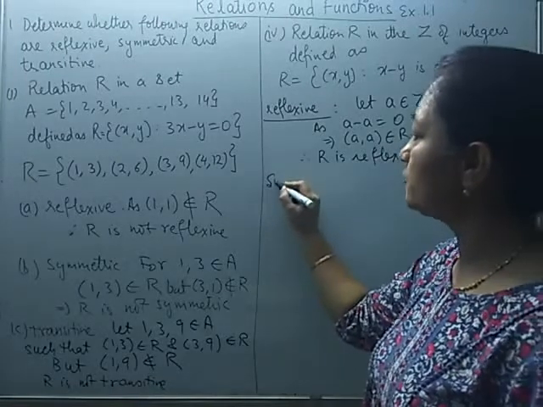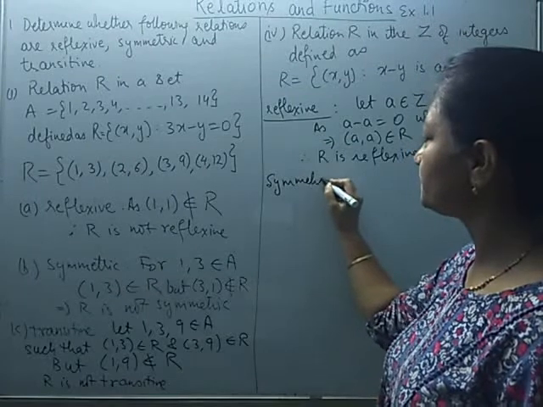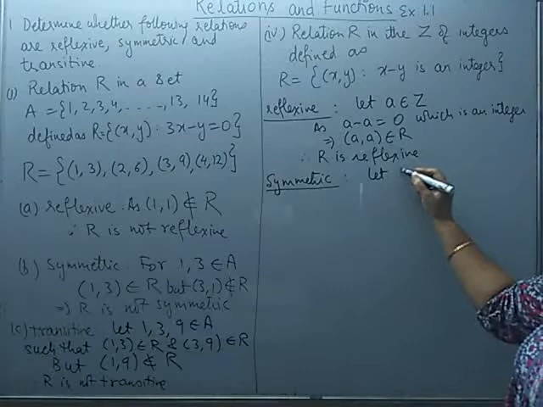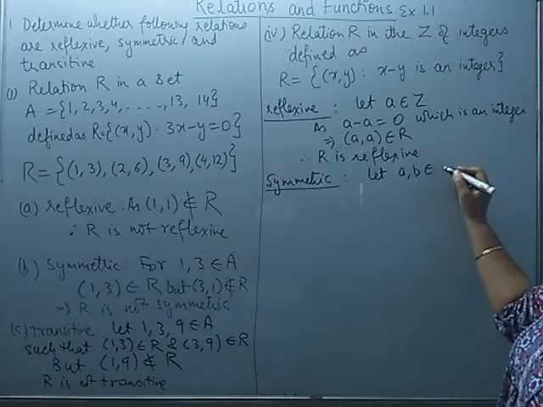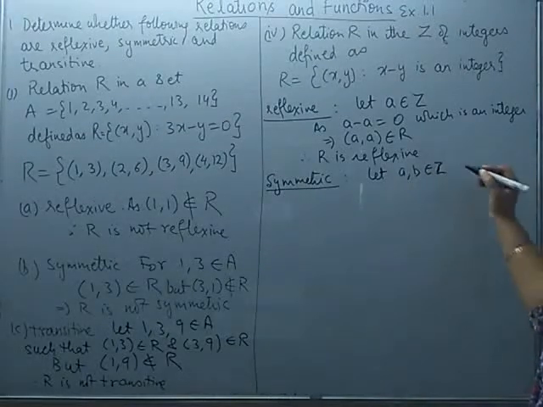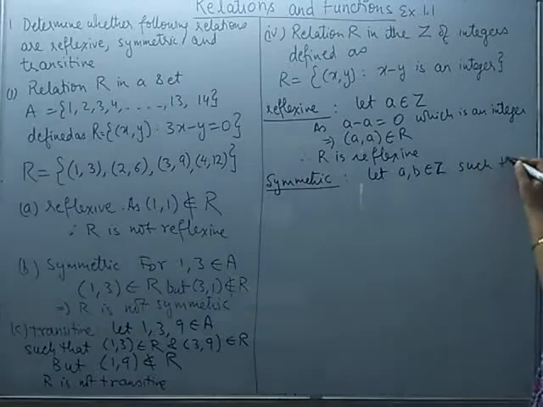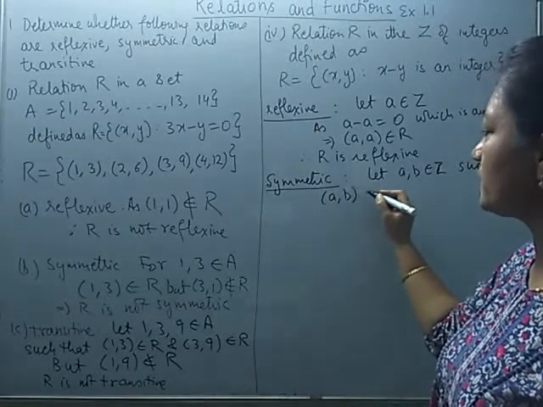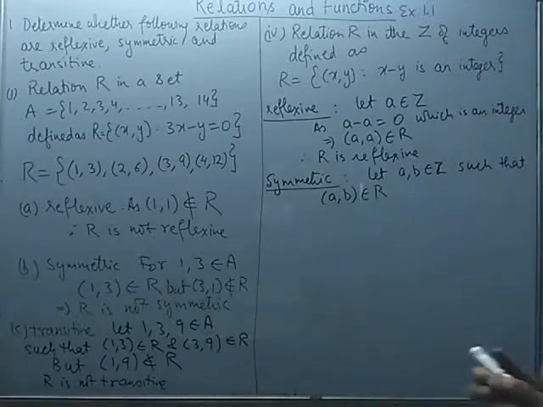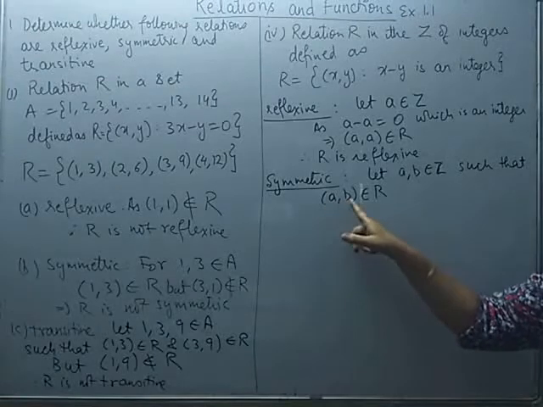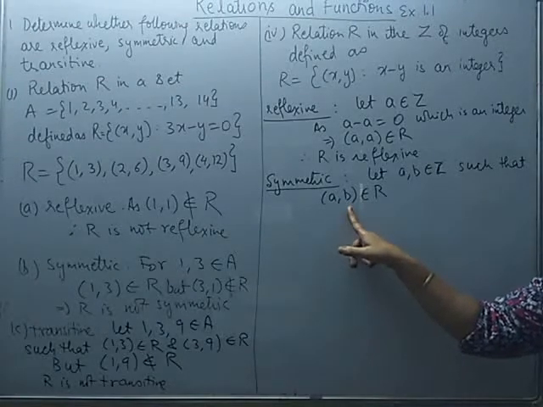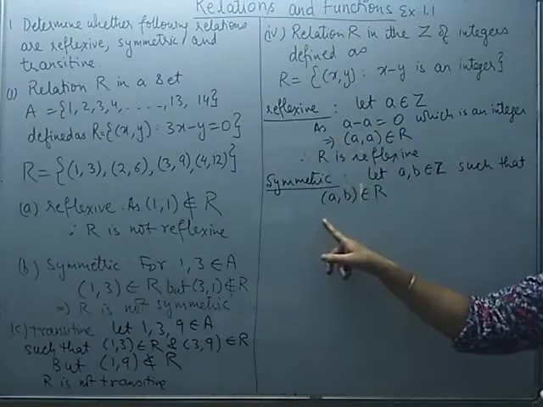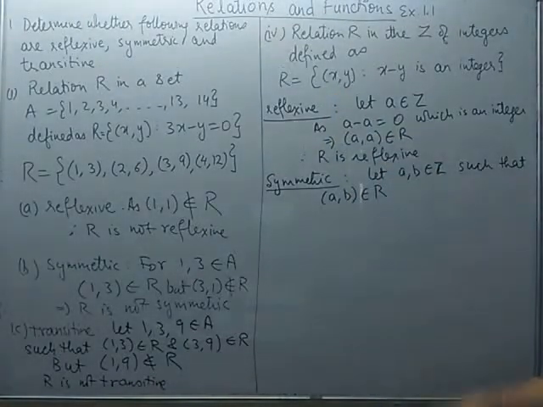Got it? Then checking for symmetric. So I'll take any two integers, say A and B, belonging to the set Z such that the integer A satisfies the given relation with B. That means this pair is available in the set R. I have to check whether I will get (B, A) also in R or not.